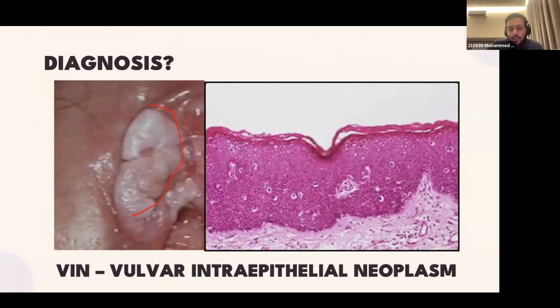And then here you can see koilocytic changes with atypia happening all throughout the thickness of the epithelium. Another thing to remember is it's not invading the basement membrane. So that's why it's intraepithelial neoplasia.